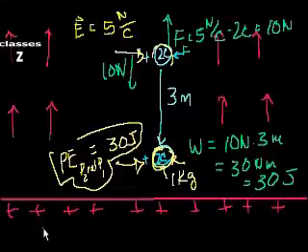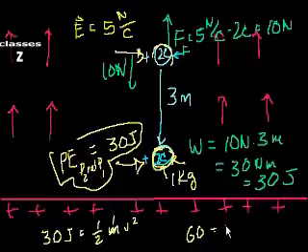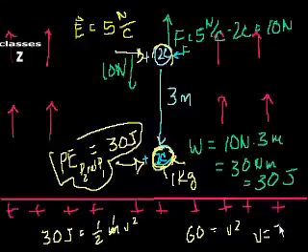So essentially, we have 30 joules equal to 1/2 mv squared, right? We know the mass, I said, is 1. So we get 60 is equal to v squared. So the velocity is the square root of 60. So it's 7 point something meters per second. So if I just pull that charge down, it has a mass of 1 kilogram, and I let go, it's just going to accelerate and be going pretty fast once it gets to this point.